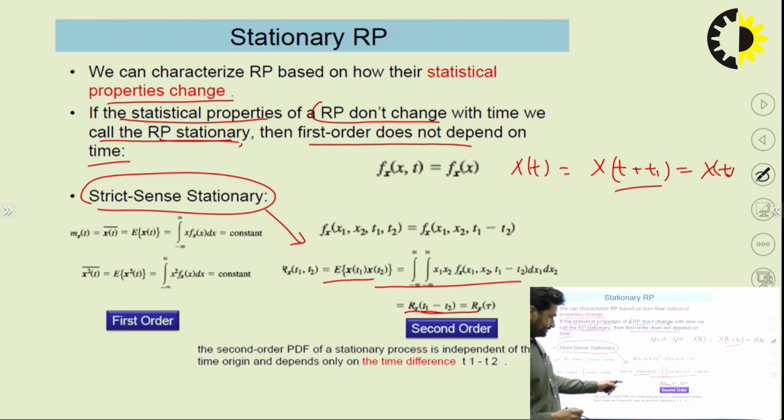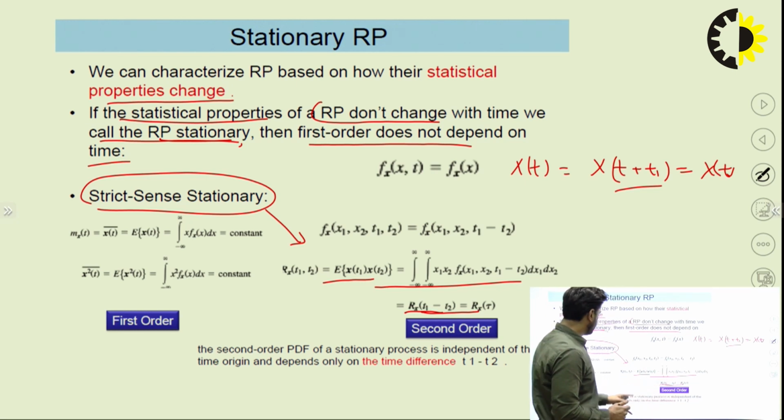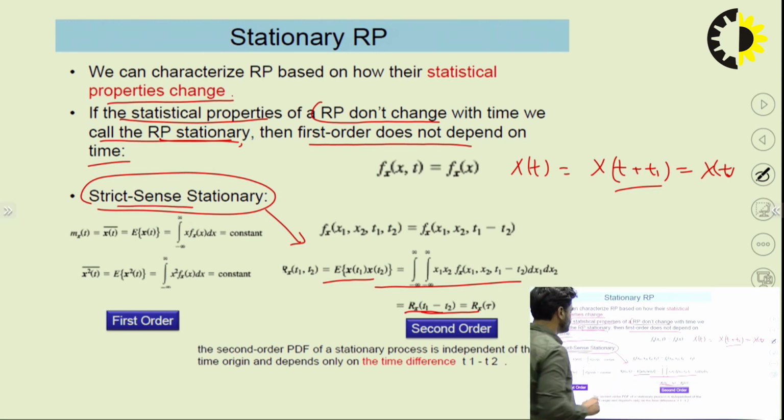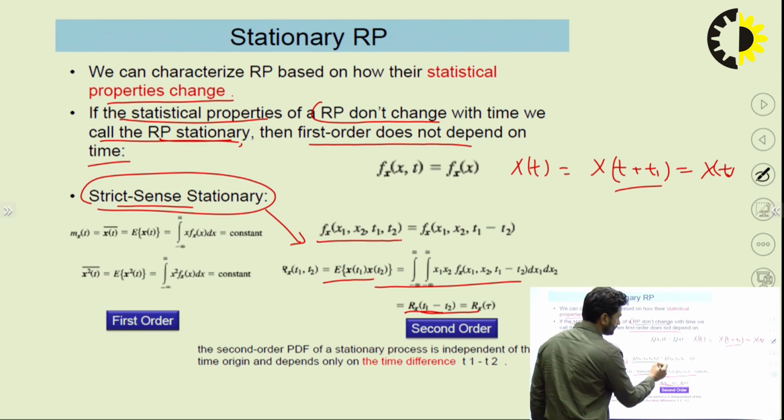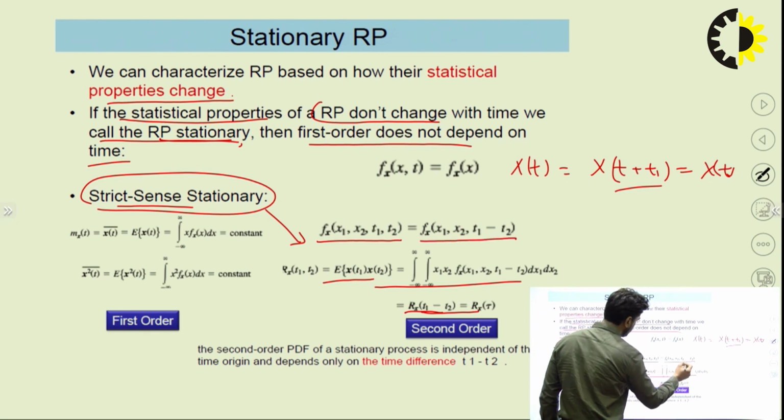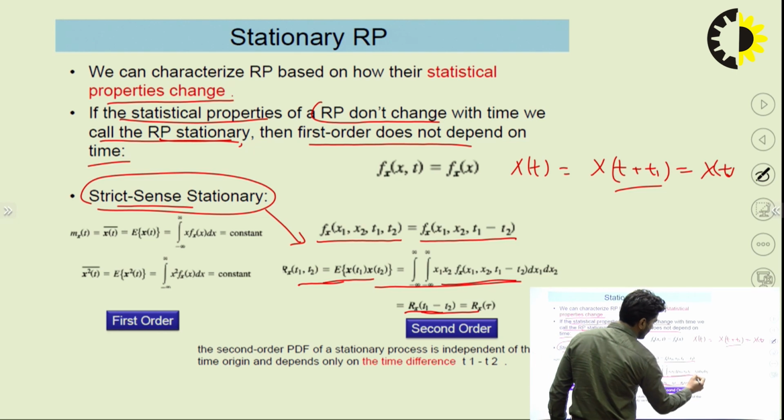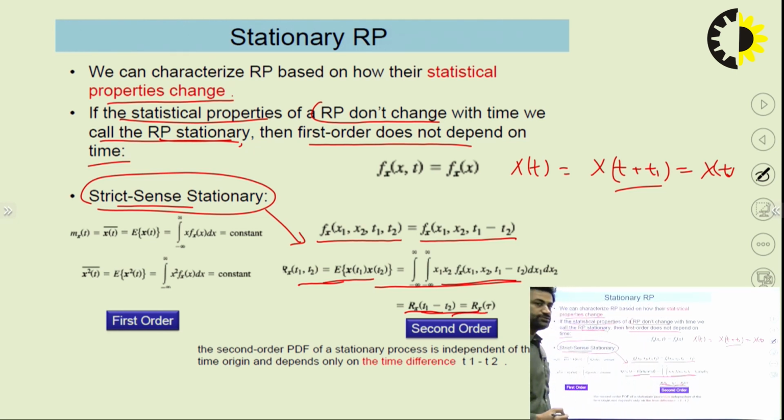If the mean is independent of time and the ACF is a function of the time difference, and the PDF of the stationary process is independent of time, and the CDF is also independent of time, then it's known as a strict sense stationary process, SSS.